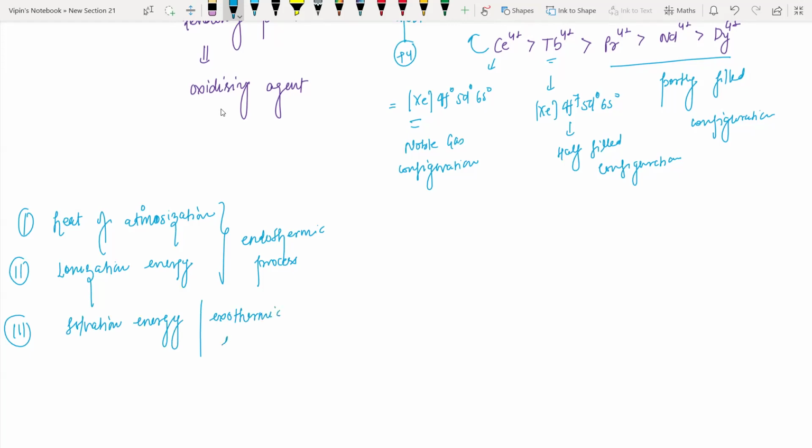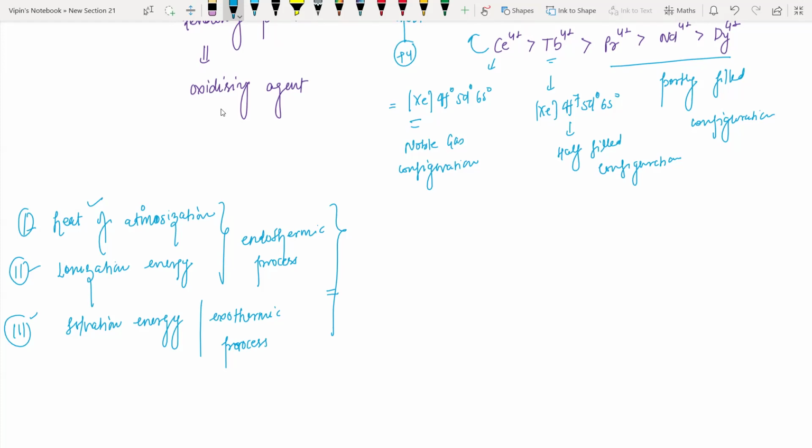So the stability of oxidation state is dependent on the following parameters, right? Not on the electronic configuration, but all these factors are experimental. The value of heat of atomization can be obtained only by experiment. The value of ionization energy can be obtained only by experiment. The value of solvation energy can be obtained only by experiment. So none of these three parameters can be explained theoretically, right?